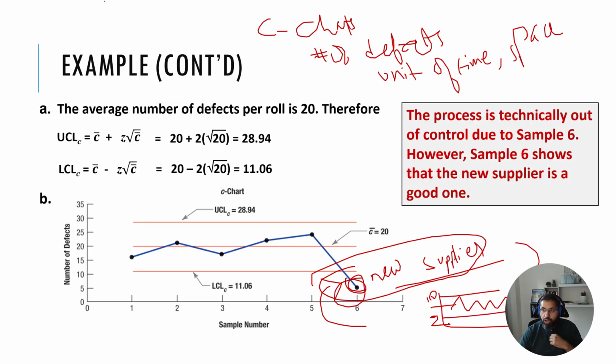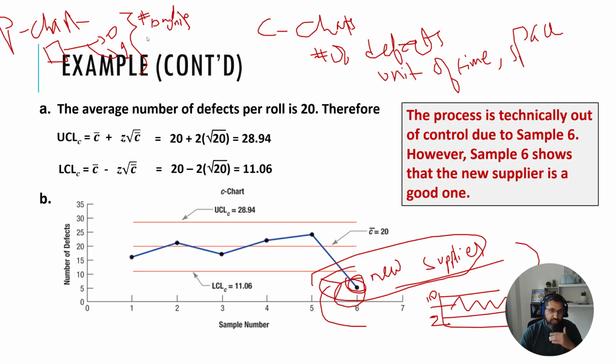That's a C chart. A P chart is when you are taking each unit to be a 0, 1, good or bad. And because in a sample you look at many units, you summarize the sample as the number of bad units in a sample. That's the number of defective units in a sample. But the number of defective units in a sample is different from the number of defects on a unit of time or space.